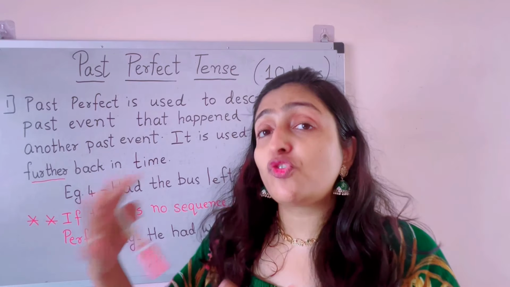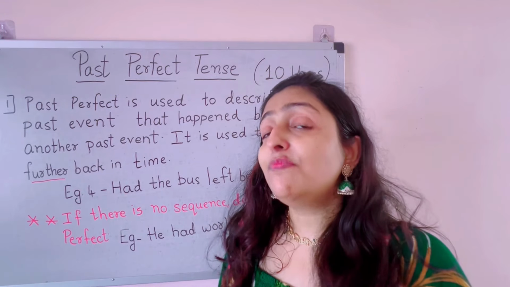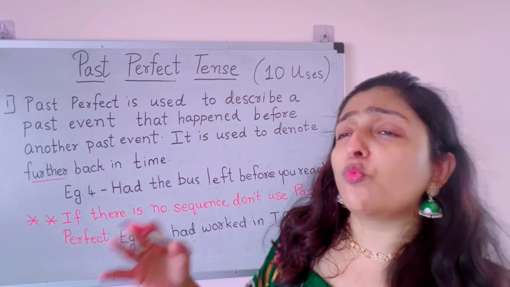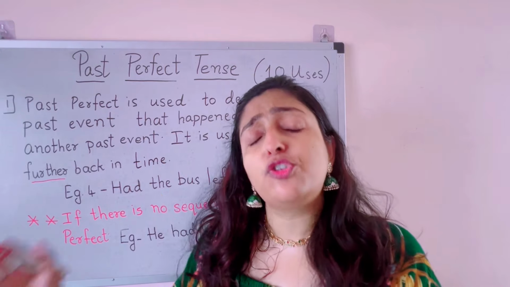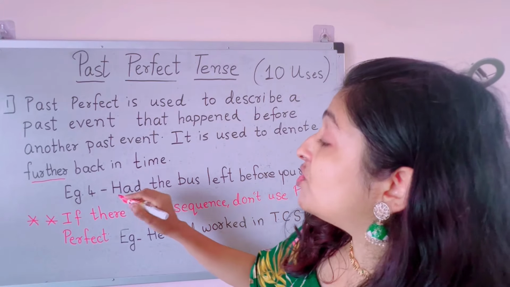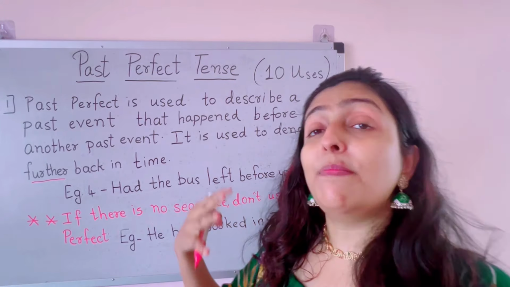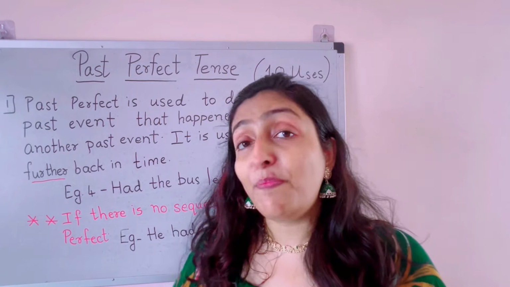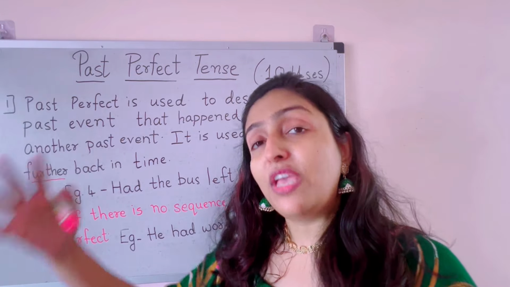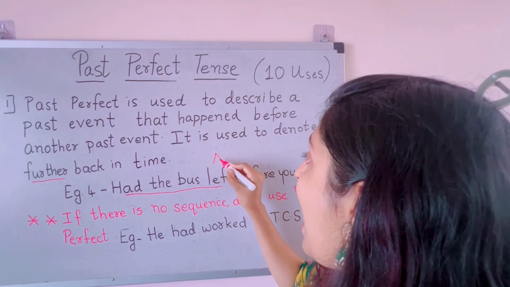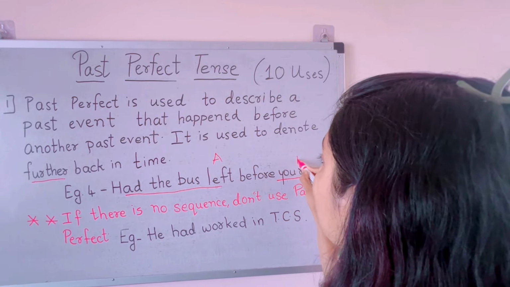I am trying to inquire which event actually took place first, whether the leaving of the bus has taken place first. So this is event A and this is event B.